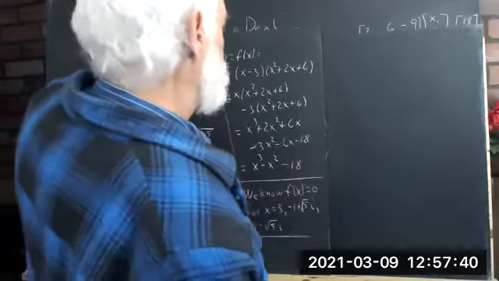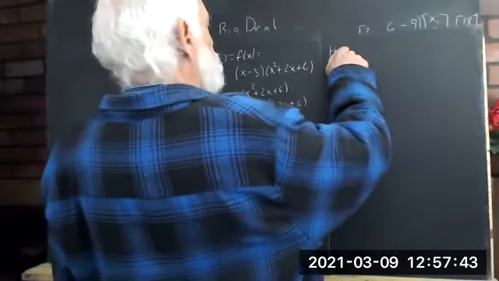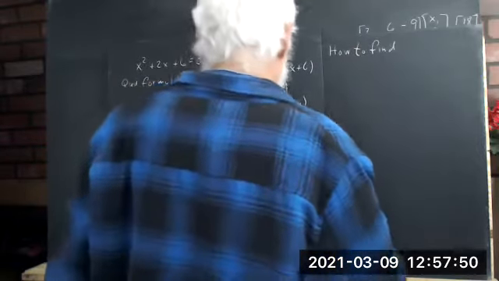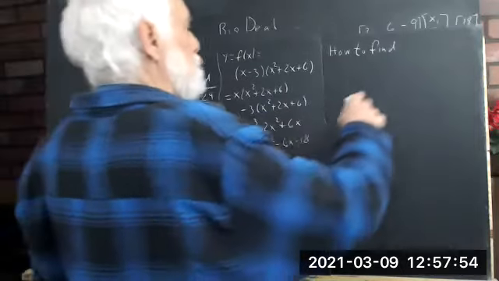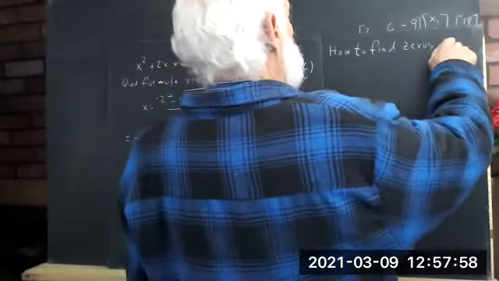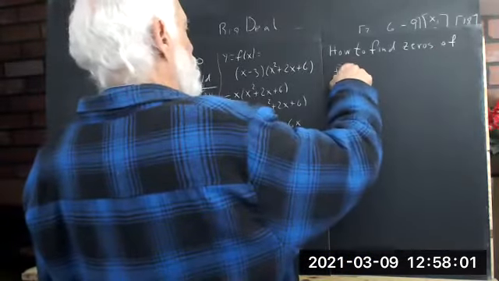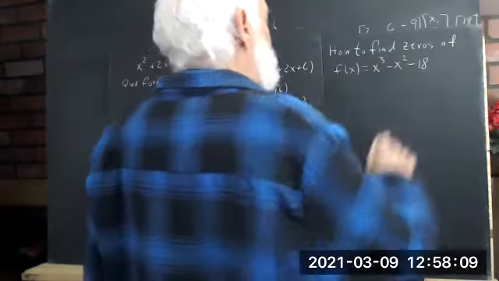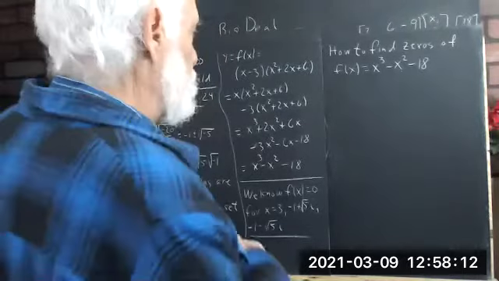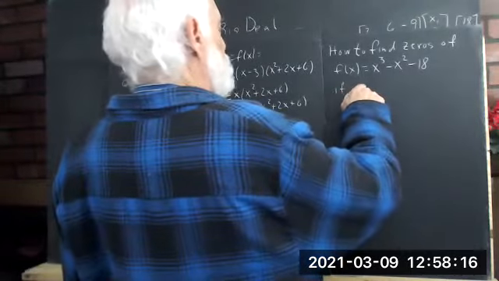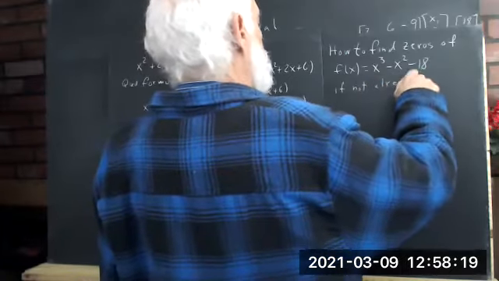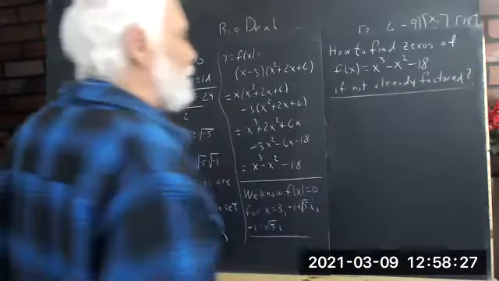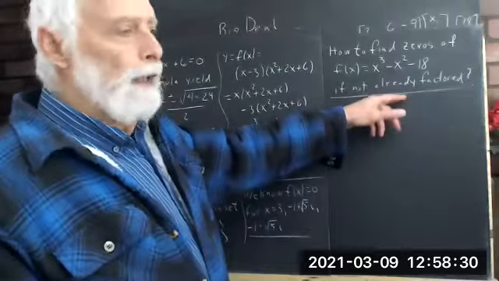So that's a question we're going to try to answer: how to find the zeros of f of x if we don't already know how it factors. In other words, how could we factor this?